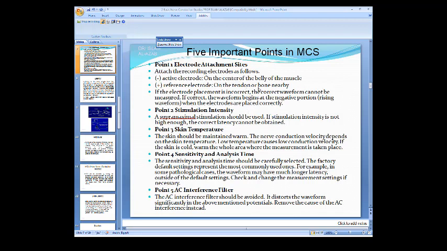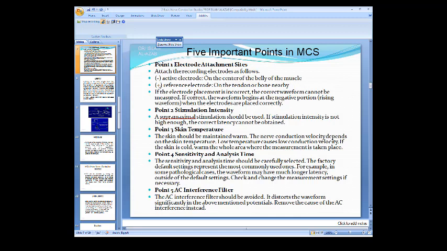5 important points in motor conduction studies. Point 1. Electrode attachment sites. Attach the recording electrodes as follows. The negative part of the recording electrode is attached on the center of the belly of the muscle.